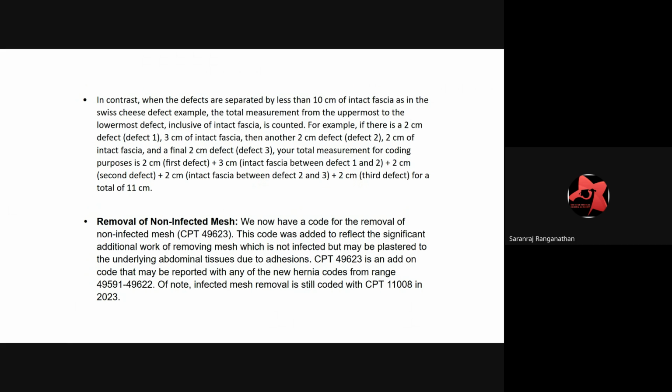So first we explained those three different hernias, but in between there are only a few centimeters. For that they have given an example.